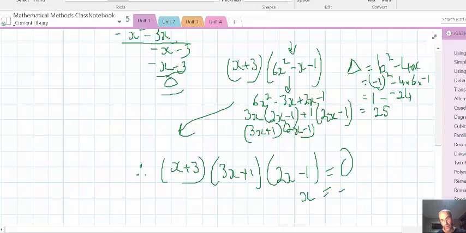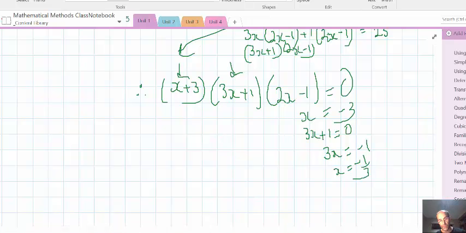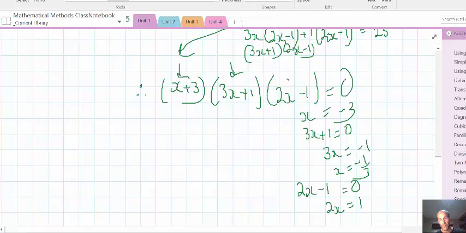Null factor law time. Looking at the first factor, x equals negative 3. Or 3x plus 1 equals 0 for the second factor, which means 3x equals negative 1, so x equals negative 1/3, which was one of the solutions we saw when we were doing this with technology.